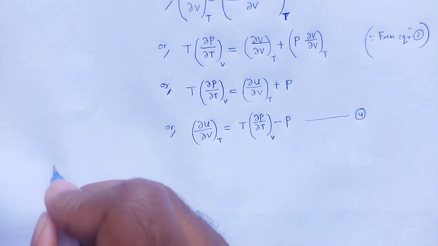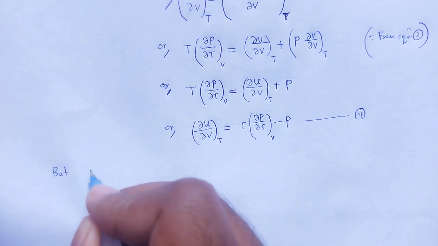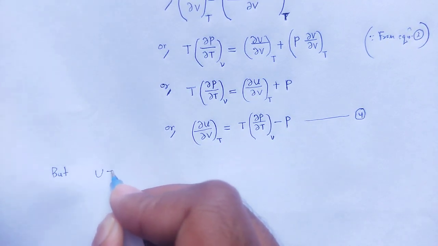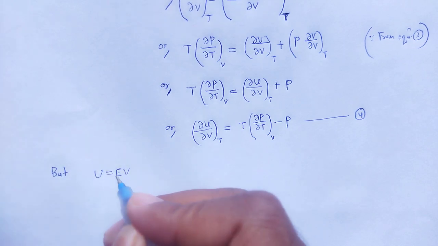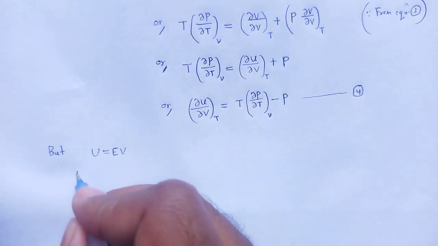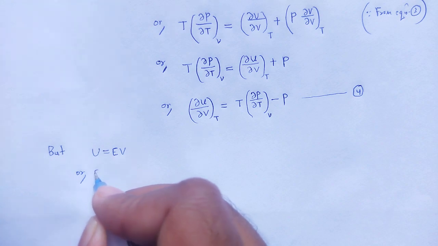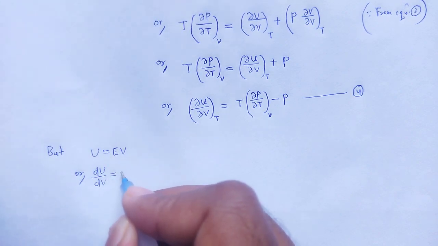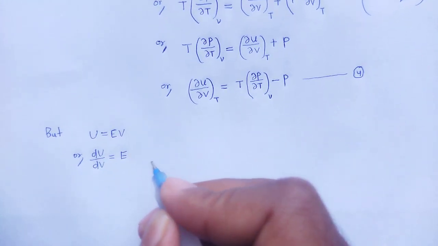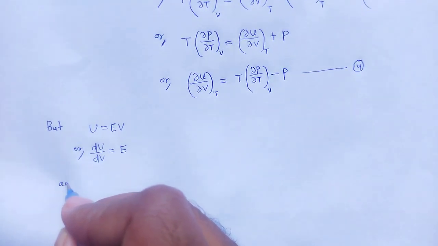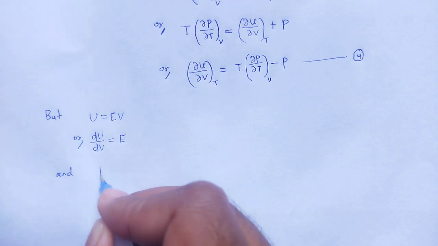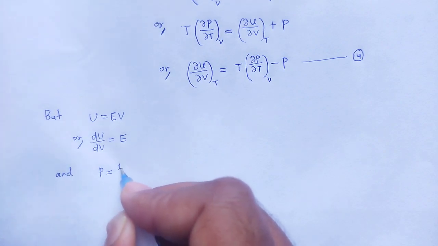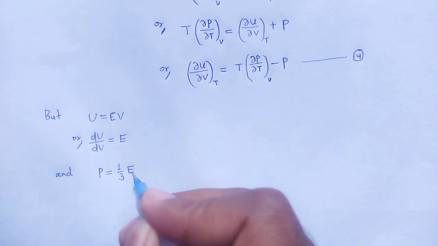As you know, U is equal to E into V, therefore its differentiation dU/dV is equal to E, and P is equal to E/3.